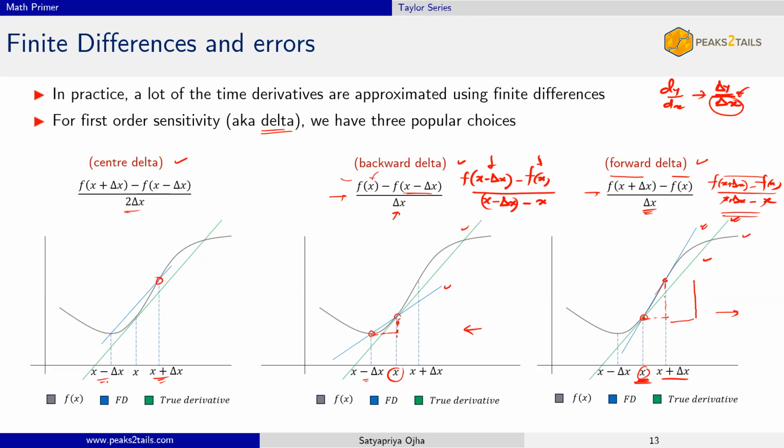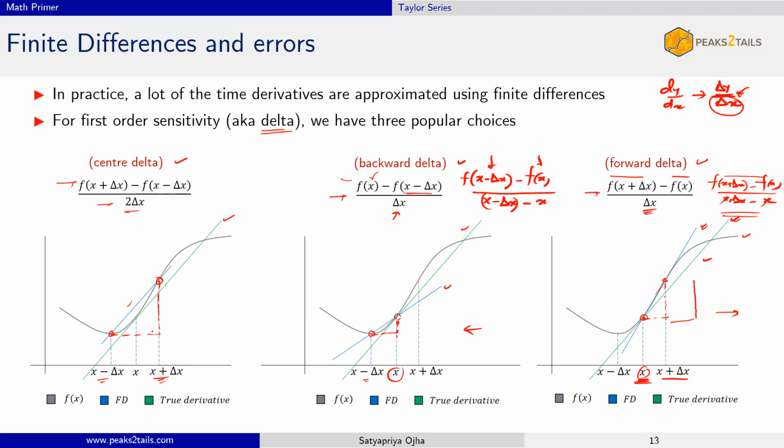Another point is here, x minus delta x, the value of the function is here. And the total change in x is 2 delta x. That's why change in y by change in x. And that's this blue line. You can see graphically at least that it does a much better approximation of the true slope. Look at the green line, look at the blue line. They are almost parallel. Parallel means same slope. This is the change in y and this is the change in x.